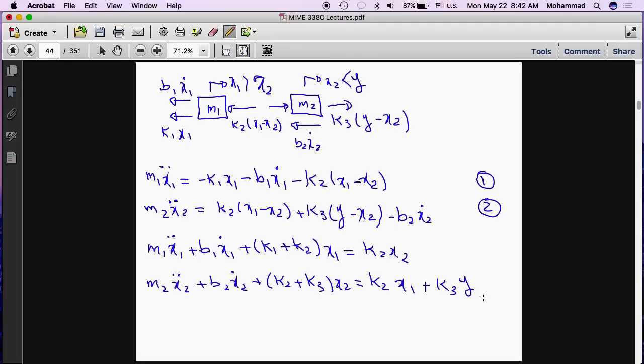Is it okay? So we rearranged both equations.